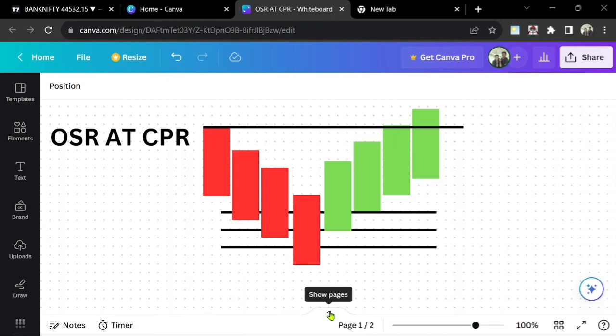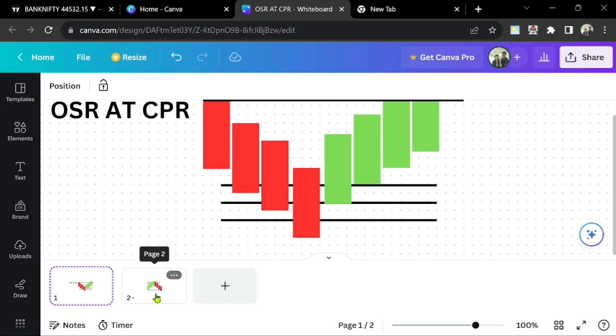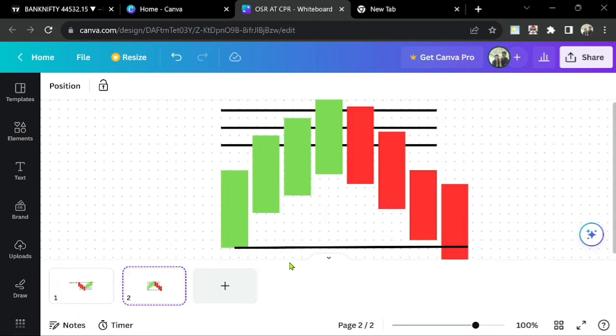Where should we take the trade, how should we take the trade, I will tell. Once again, there is another situation like this. CPR is on the top. These are consecutive green candles, going and breaking the CPR. Immediately a red candle is formed and it moves downward, breaks the day's low, and it will give a bearish trend.